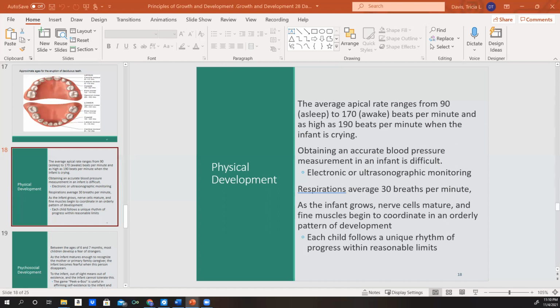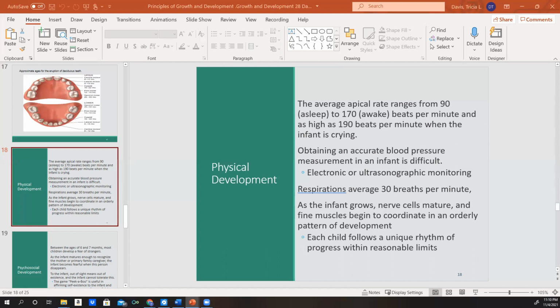During the first year of life, the average apical rate can range from about 90 when they're asleep all the way up to 170 when they're awake. So 90 to 170 beats per minute. And we can even see that they can go as high as 190 when the infant is crying. Respirations will average around 30 per minute.